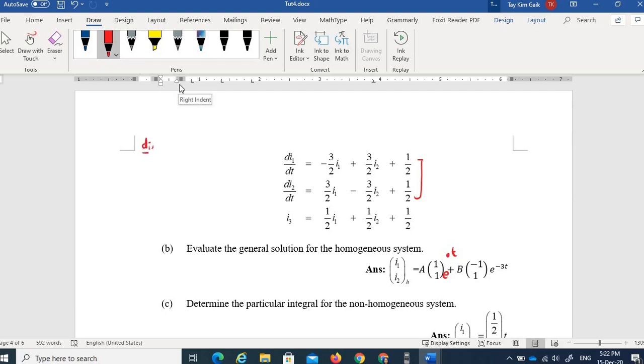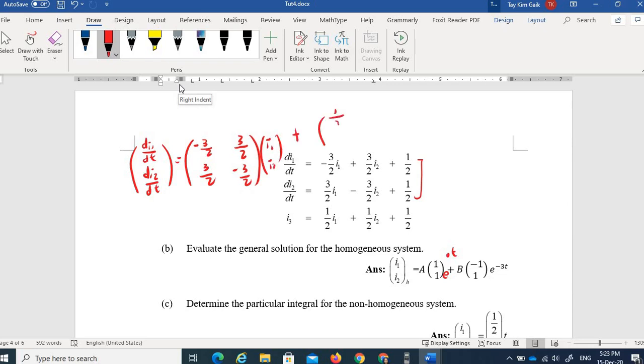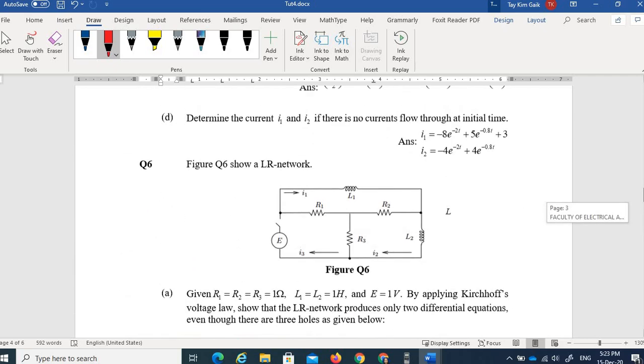You have di1/dt, di2/dt. Your matrix A is (negative 3/2, 3/2; 3/2, negative 3/2), so you have I1, I2 plus vector G, which is (half, half). You can look at Question 6.